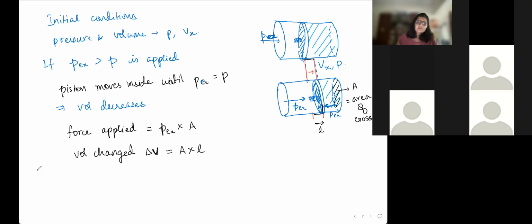So let's take, abhi we know of reversible process and irreversible process. Let's take a simpler case.